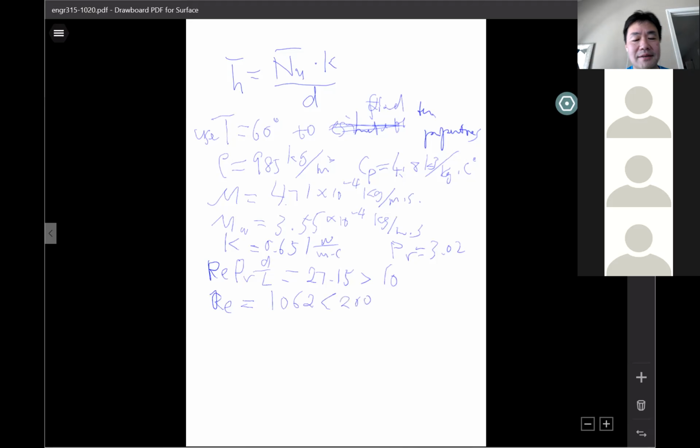So it is less than 2000. You see the procedure here. It's a very tedious procedure. You have to make sure all those conditions are right for you to pick one equation. Okay, good. So now it's safe to apply the average Nusselt number equation.